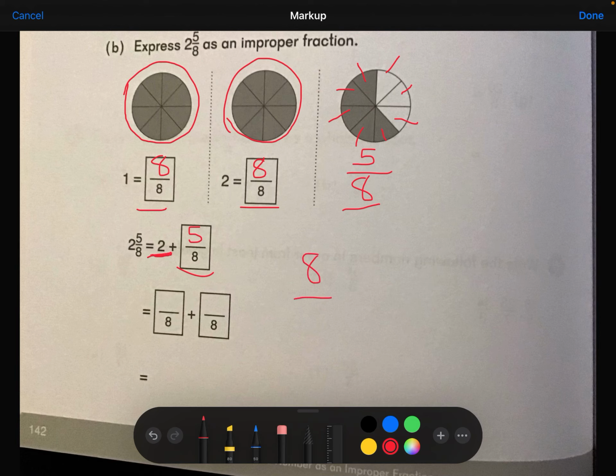We have 8/8 and another 8/8, which is going to be 16/8. And then we can go ahead and add on our extra piece, those 5/8 there. And when we put it all together, we'll have our final mixed number changed into an improper fraction, which is going to be 21/8.